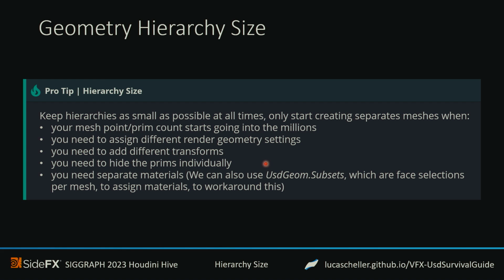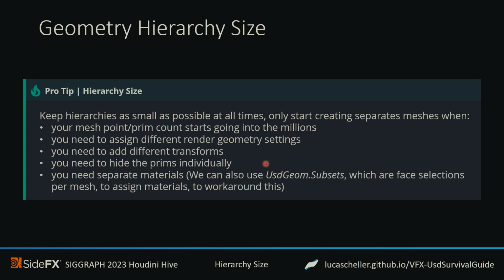We're going to focus on data I/O now. In general, with hierarchy-based formats, Alembic had this too, you always have to find the balance between generating huge hierarchies and no hierarchies at all. A good viewpoint, I would say, is the perspective of a rendering or lighting artist, because they at the end of the day need to filter stuff and assign different materials or hide stuff.